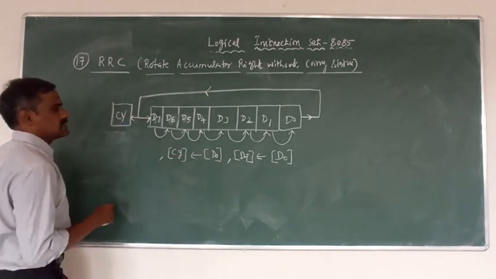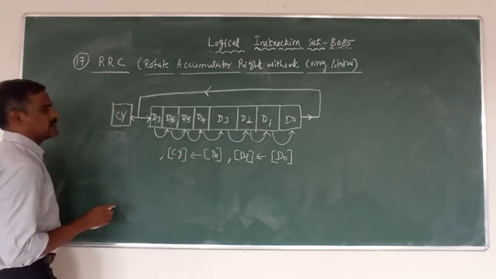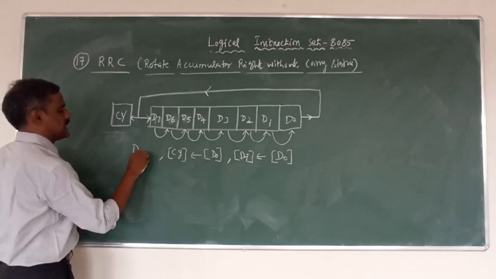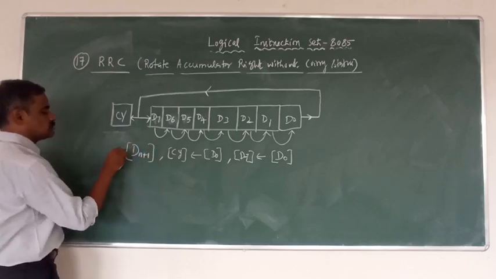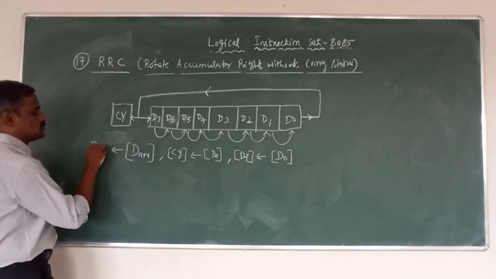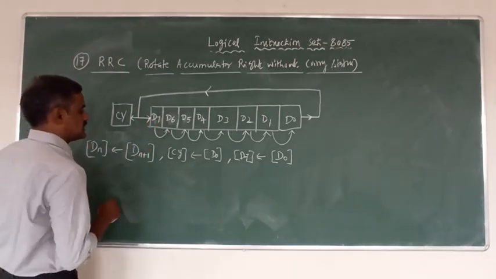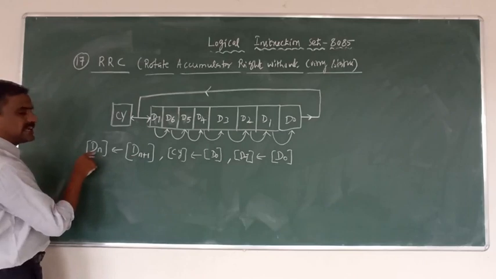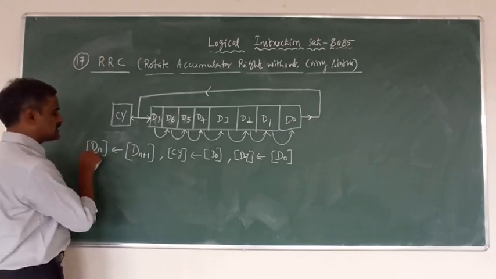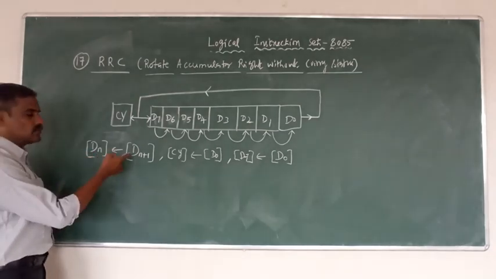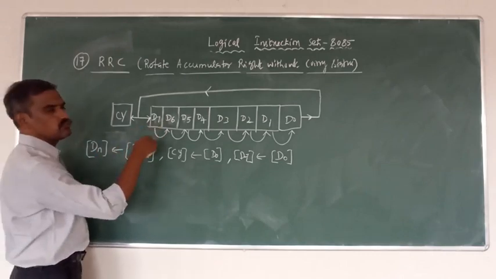Next, Dn plus 1 position data moves to Dn position. Suppose the D7 data moves to Dn, we subtract 1 from the n position, so it moves D7 data to D6 position.